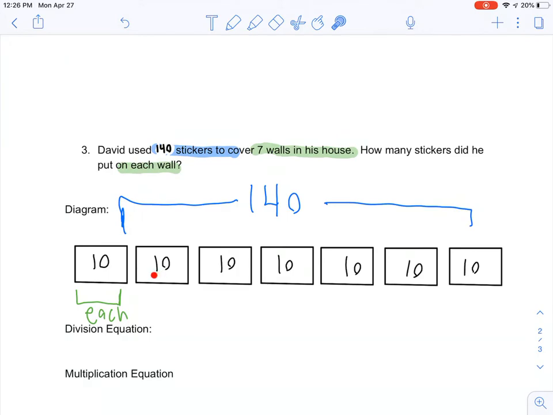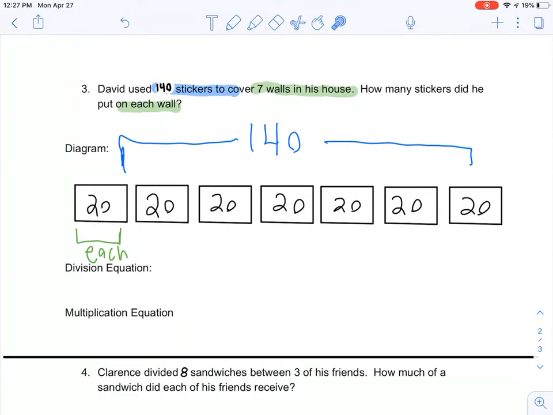So we need a number that's double. So instead of 10, let's do 20 and see if that gets us the right answer. 20, 40, 60, 80, 100, 120, 140. Excellent work. So we know that on each wall we need 20 stickers.